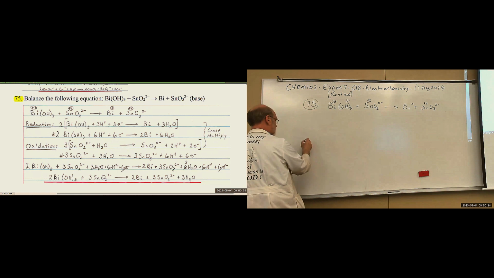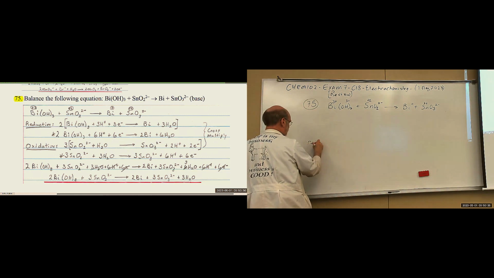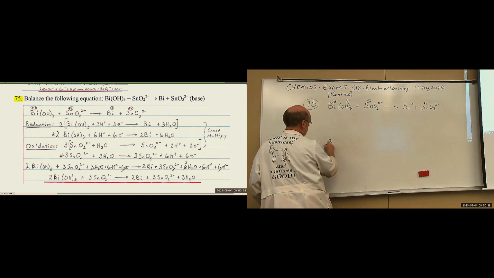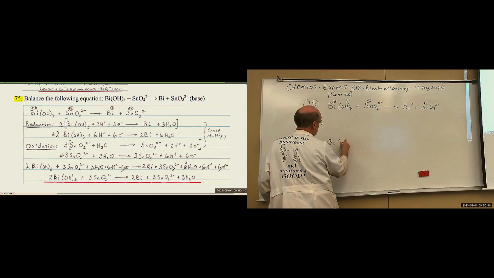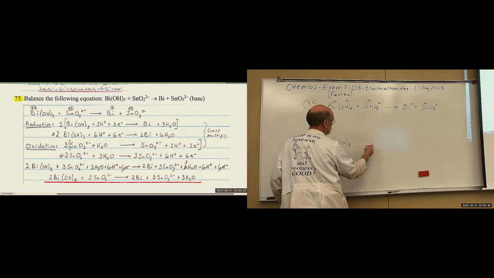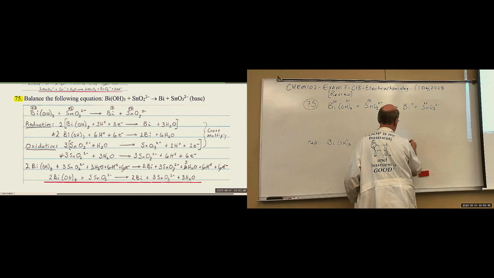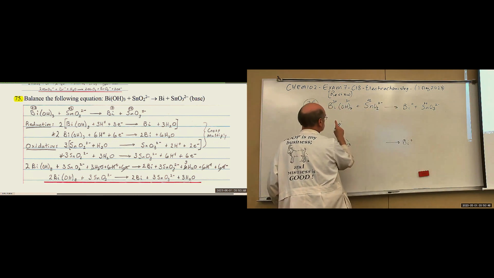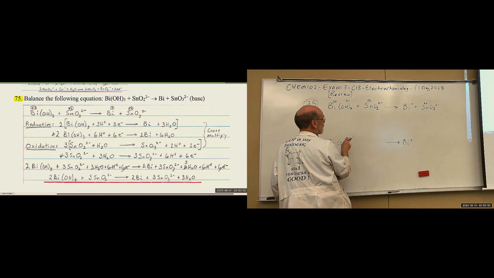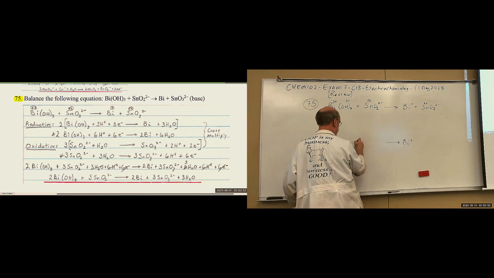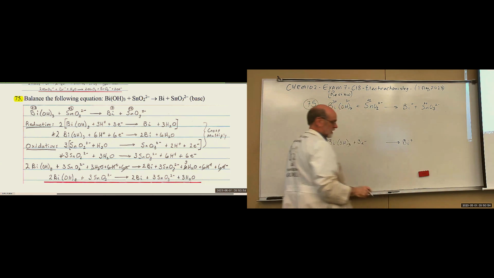That's the reduction step. Bi(OH)3 goes to Bi, and that was 3 electrons per bismuth. So we only need 3 electrons there.